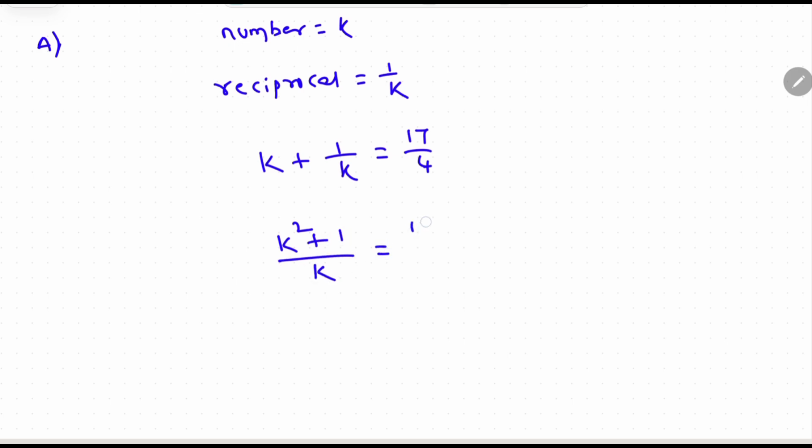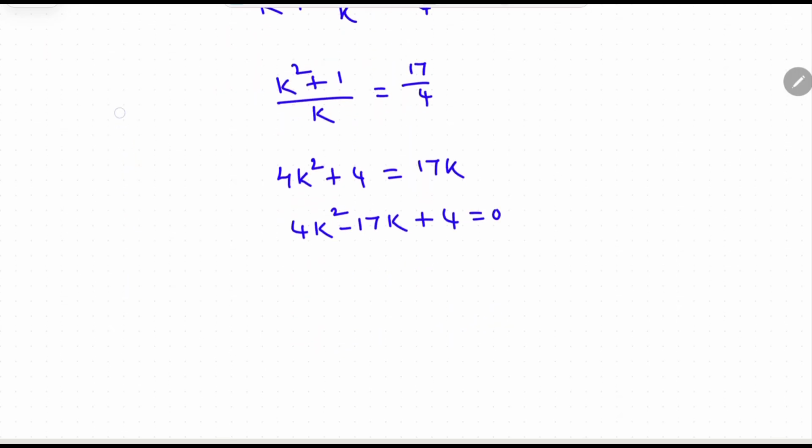Okay. Now on simplification, we will get k power 2 plus 1 by k equals 17 by 4. On cross multiplication, 4k square plus 4 is equal to 17k. So on transposing, 4k square minus 17k plus 4 equals 0. It is in the quadratic equation form.